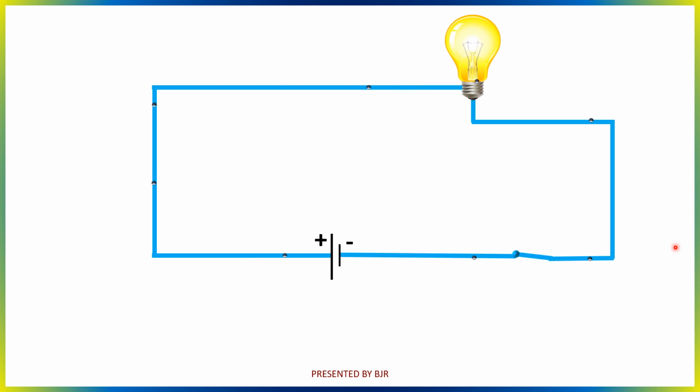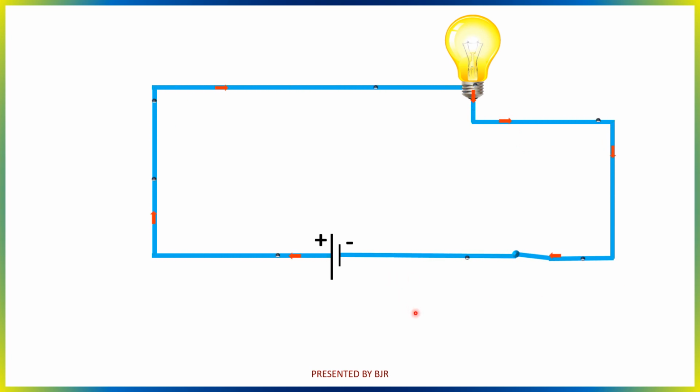And we have to show the direction of the conventional current like this. Arrows are moving along the direction of the conventional current. It should be shown from positive to negative.